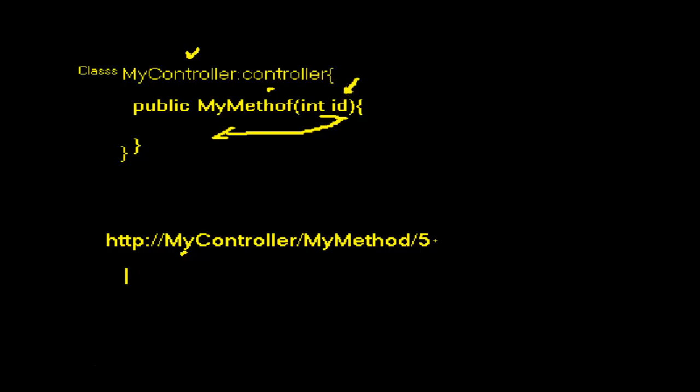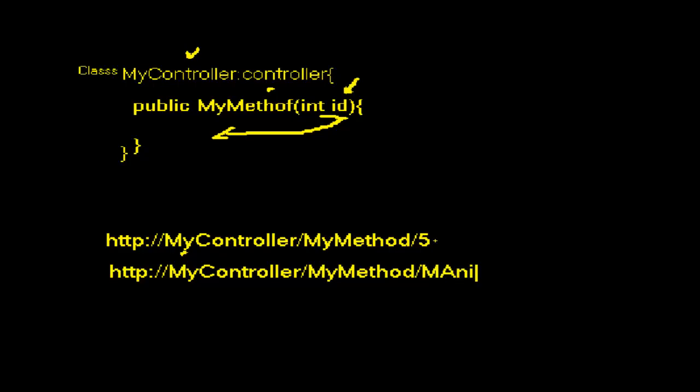But what will happen if somebody tries to type this? Somebody is going to type my controller, my method, and then a name. So you notice that this is not an integer. However, for the route, this is a valid route.